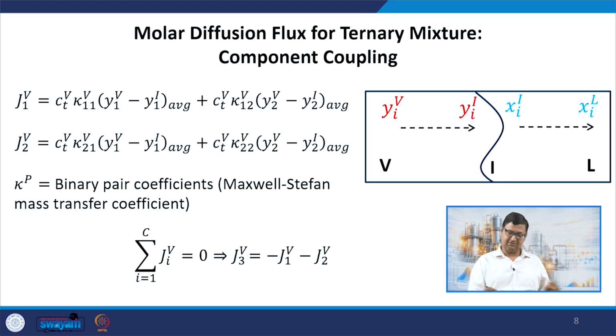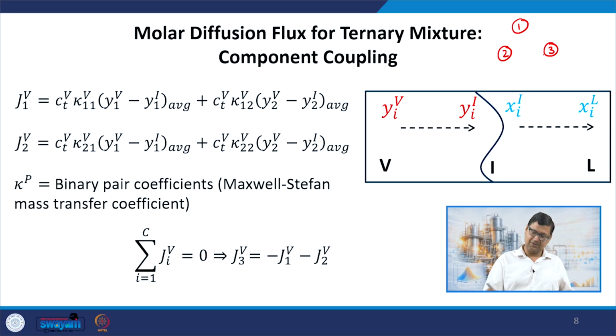Now, let's say you have three components, 1, 2, and 3. Now, I can define the movement of 1 relative to 2, the movement of 1 relative to 3, and I can define the movement of 3 relative to 2.